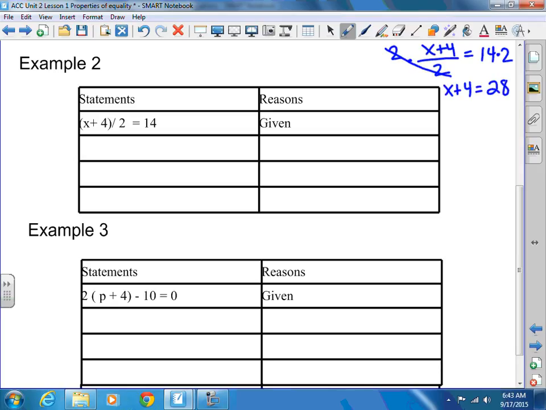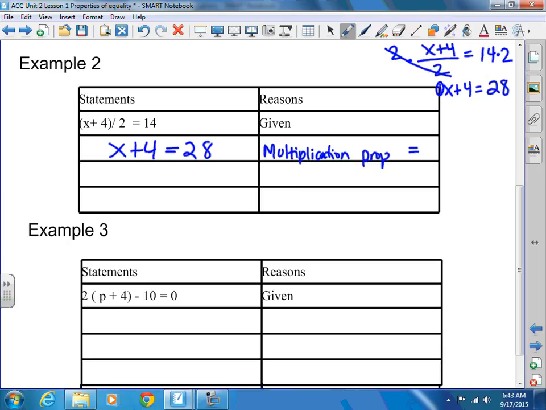This is our first statement here. So x plus 4 equals 28. What do we do to both sides to be able to get there? We use the multiplication property of equality. Oops, I'm going to abbreviate that.